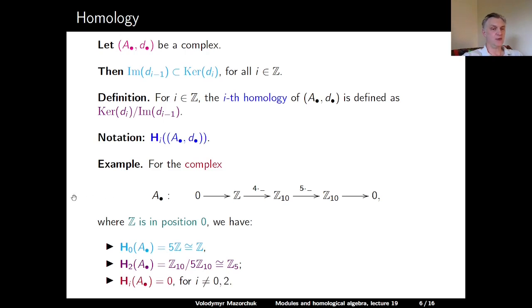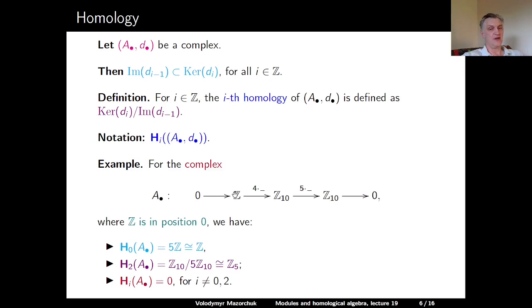So this is clear for everything on the left and everything on the right of zeros. So let us explain why the homology at position 1 is 0. So the kernel of the map of multiplication by 5 is, of course, the subgroup generated by 2.